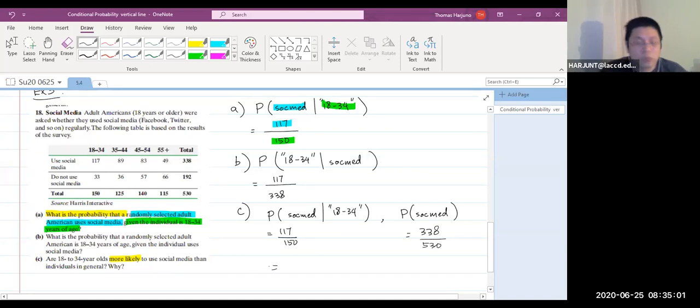Now we use our calculator to compute it. Once we change them to decimals, it's easier to compare. This is 0.78. This is 0.63774.